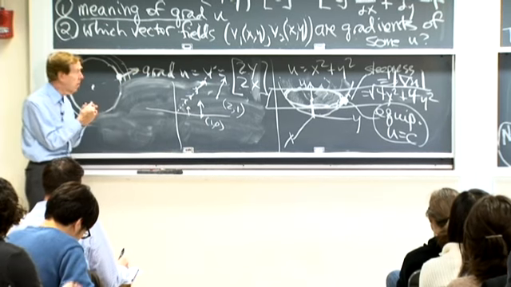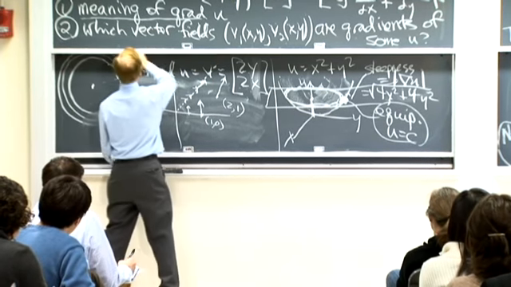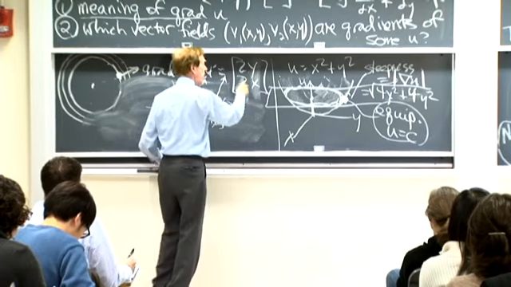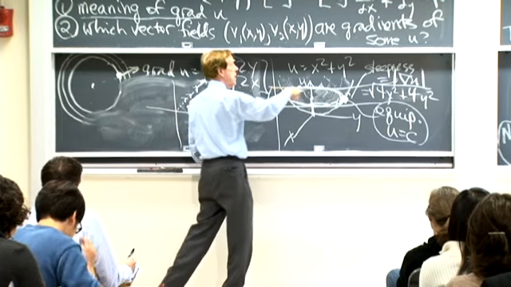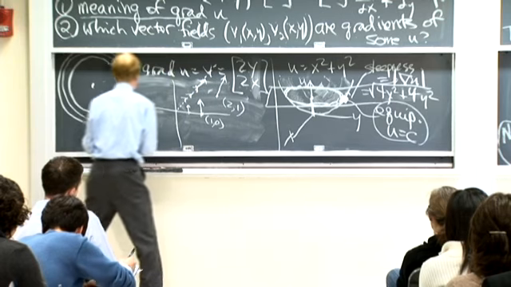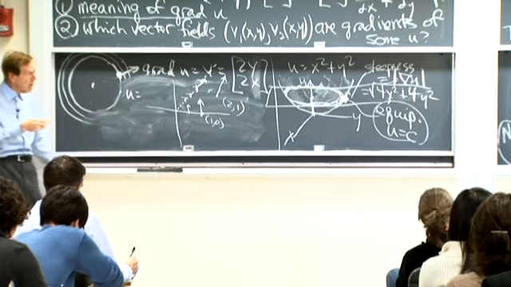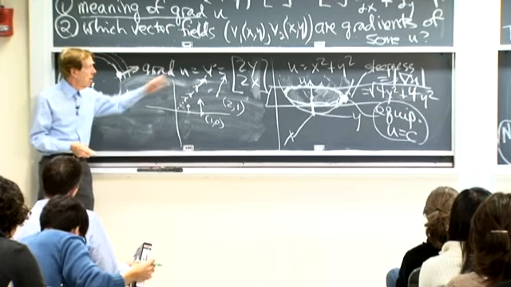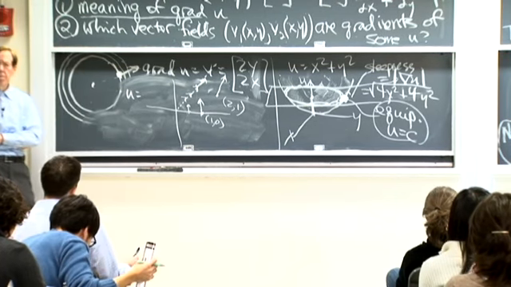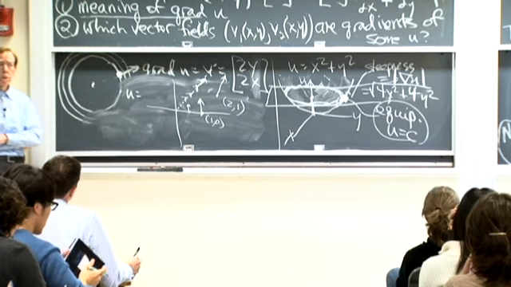That's the question we asked. Which vector fields are gradient fields? We found that this is one of them, it passes the test, it's the gradient of some u. What's the function u, which is supposed to exist, whose gradient is that? 2xy.